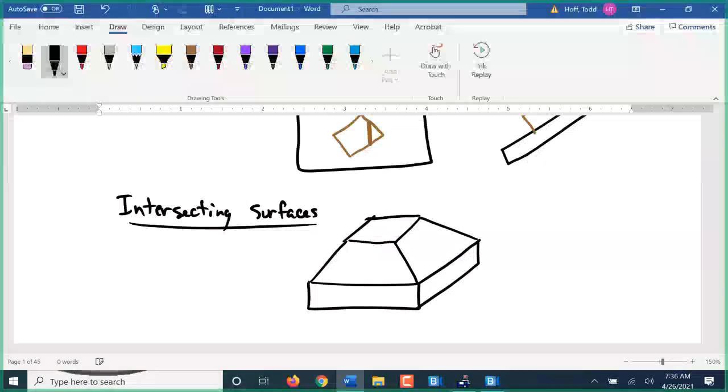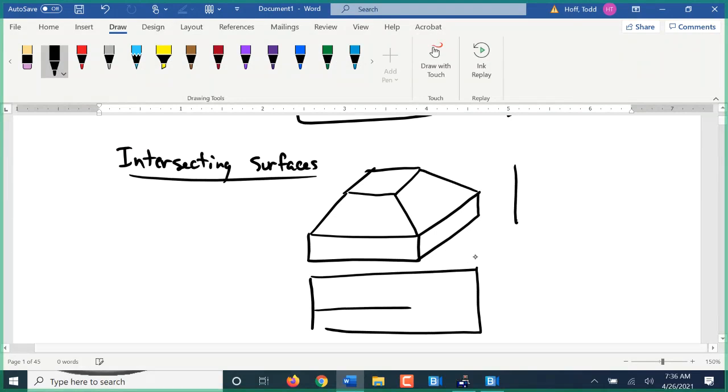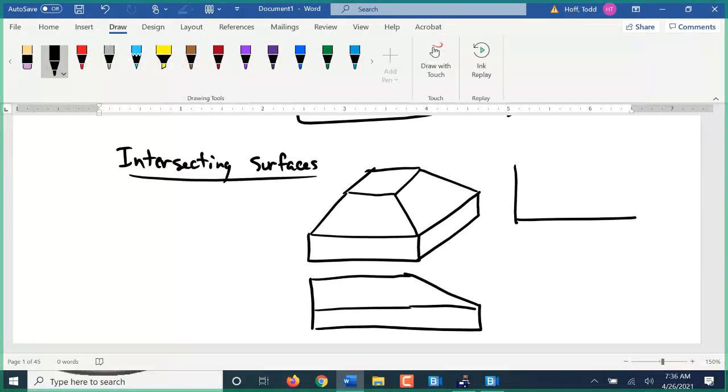So right here, this is a block. You look at it from the front side, can cut off like that. If you look at it from the end, cut off there.